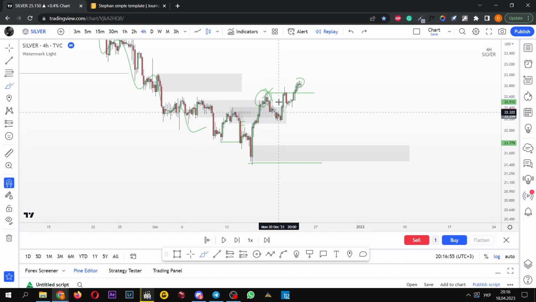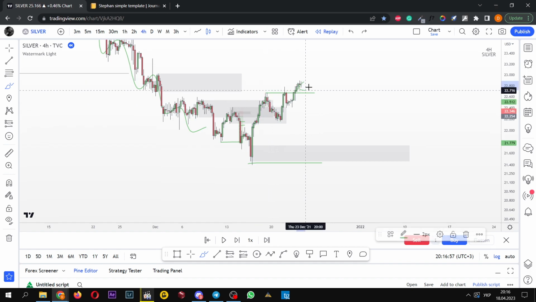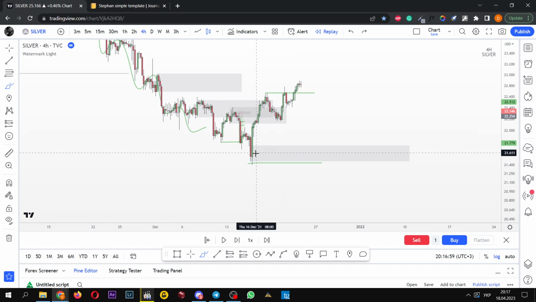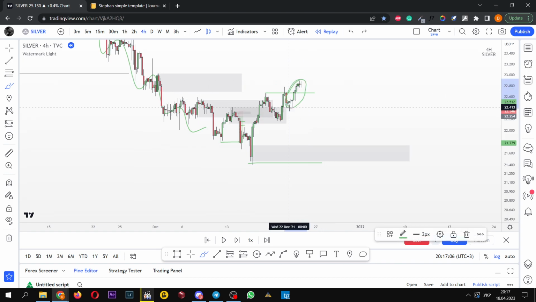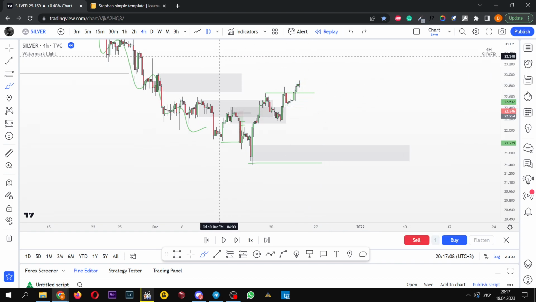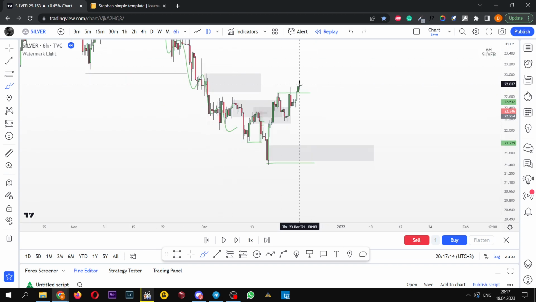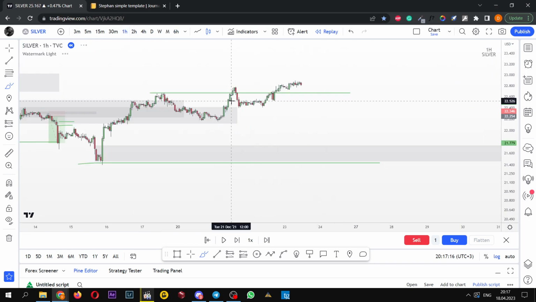So at this specific point, I'm more bullish on this market, and I want to see bullishness from here. Basically this is not really clear as well, maybe check 6 hours or something like that. Yeah, we have something there on 1 hour and 4 hours.